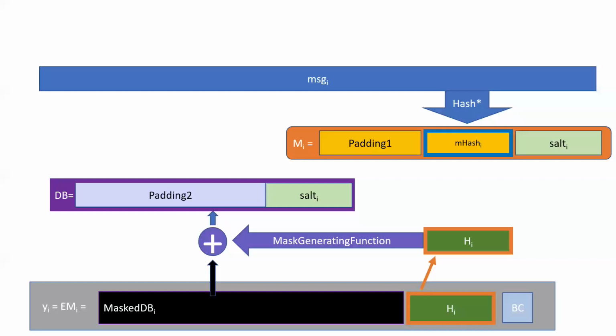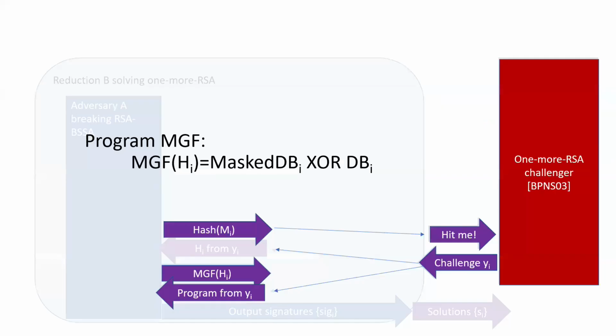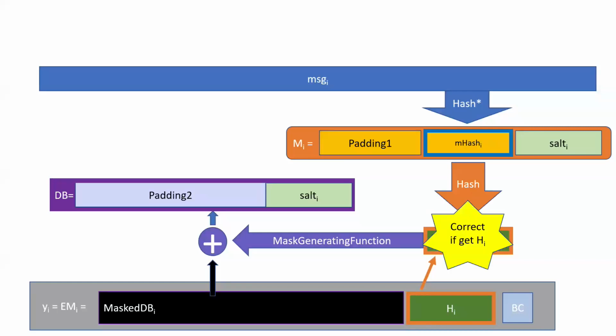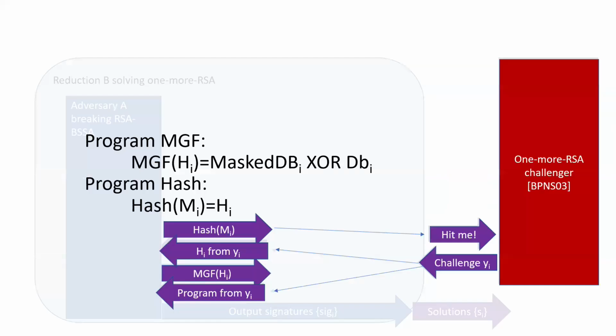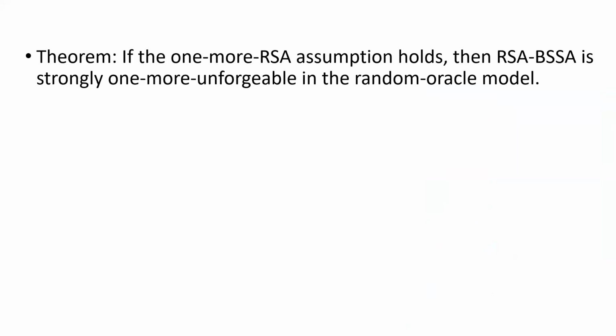That means that you need to program the mask generation function this way. And then the next thing you need to program is the H. So you need to make sure that this MI actually hashes to the H that comes from your challenge Y. And after you've done that, 5 more pages of analysis gives you the theorem. All right, so that's the first theorem.